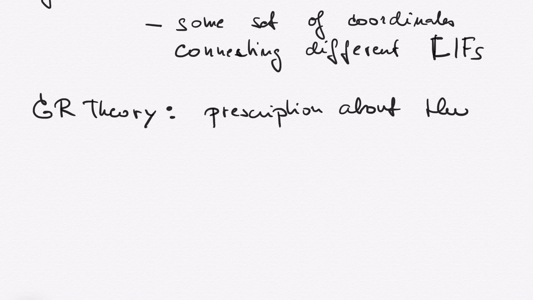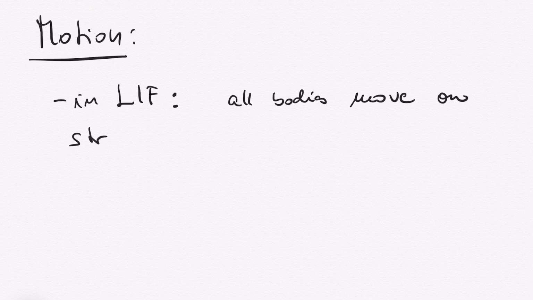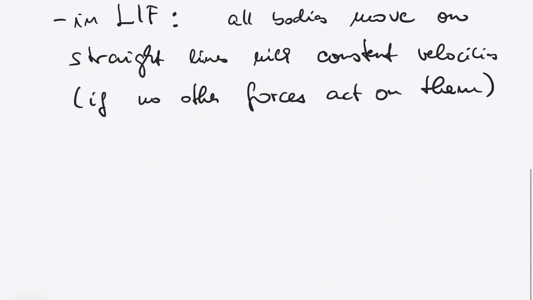The general relativity theory is a prescription about the transformation between the global coordinates and the different sets of local inertial frames and the local coordinates there. What about motion? In local inertial frames, all bodies move on straight lines with constant velocities, provided that no forces act on them.